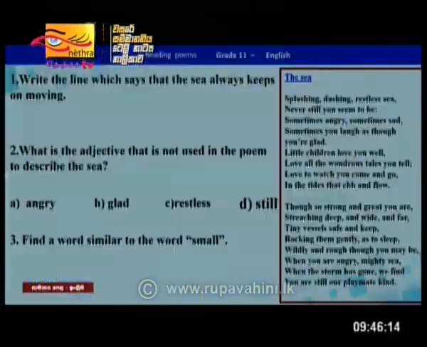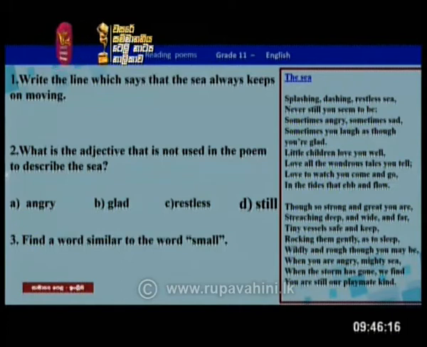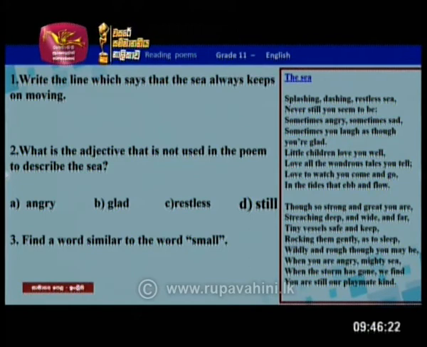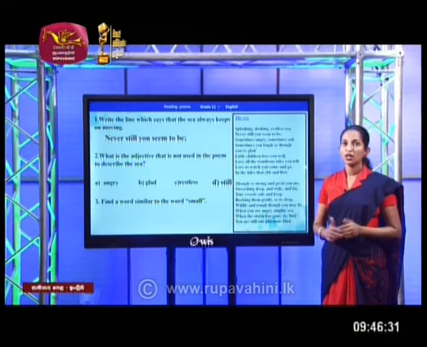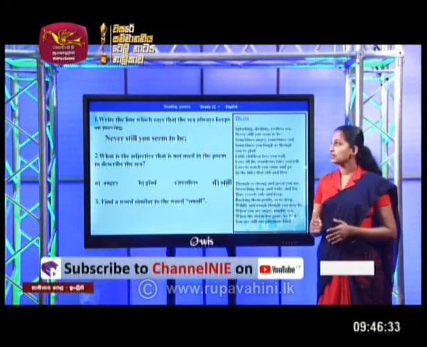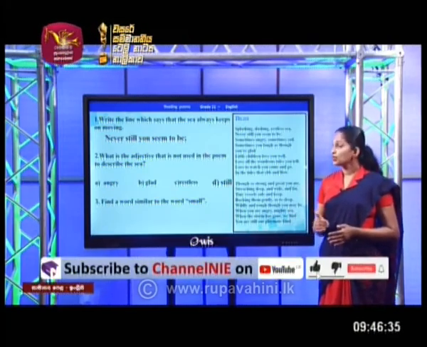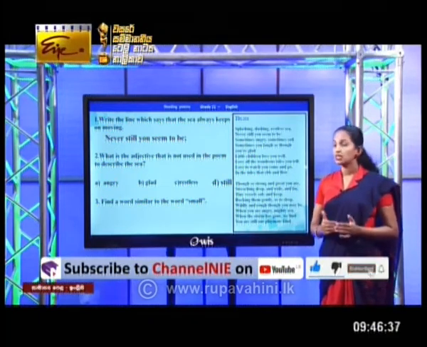Question number 1. Write the line which says that the sea always keeps on moving. Yes, in the first stanza you can find the answer. The answer is never still you seem to be. Question number 2. What is the adjective that is not used in the poem to describe the sea?